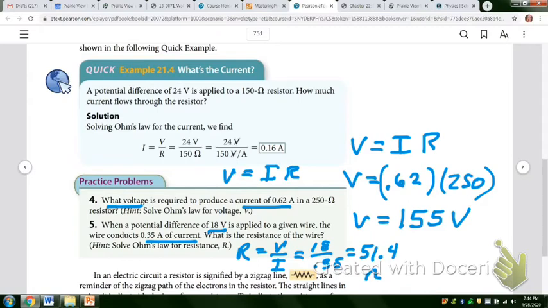The units that you would put on that would be omega, because that was a resistor. It's the amount of resistance.